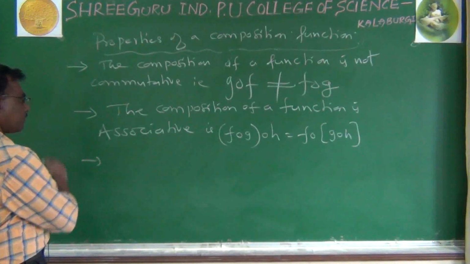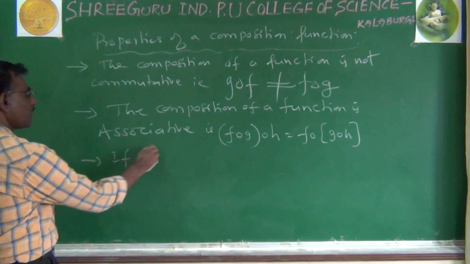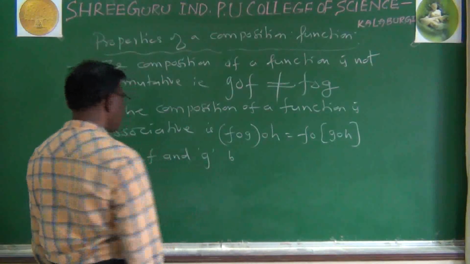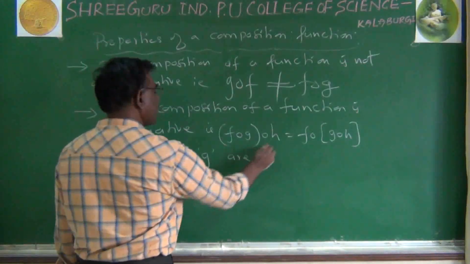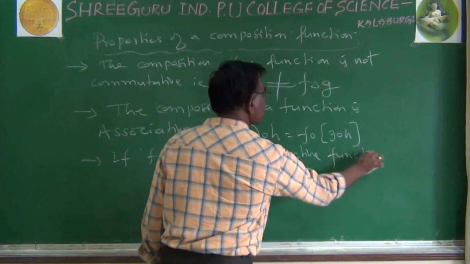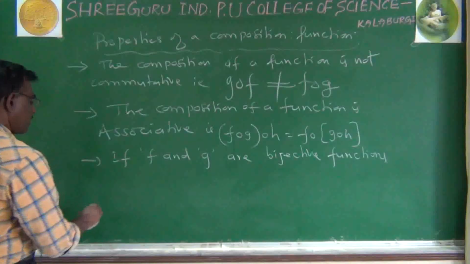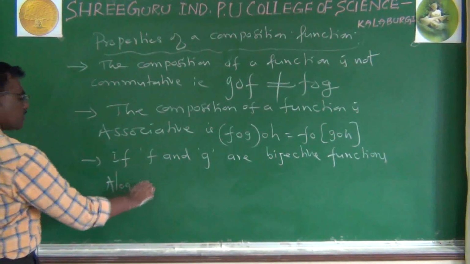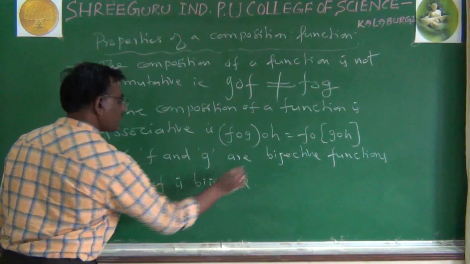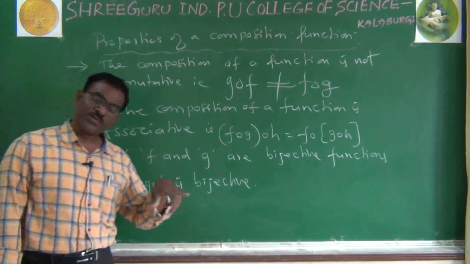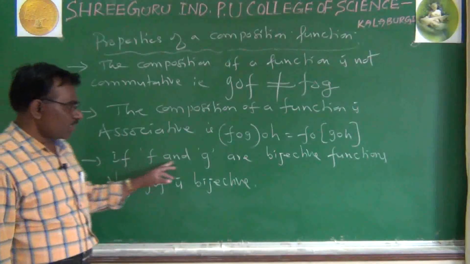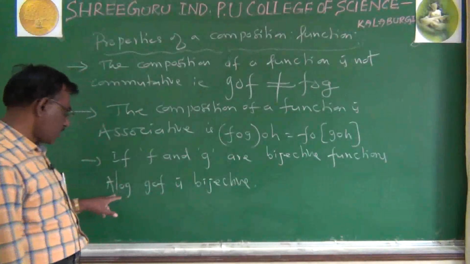So what is one more? If F and G are both bijective functions, then G composition F is also bijective.